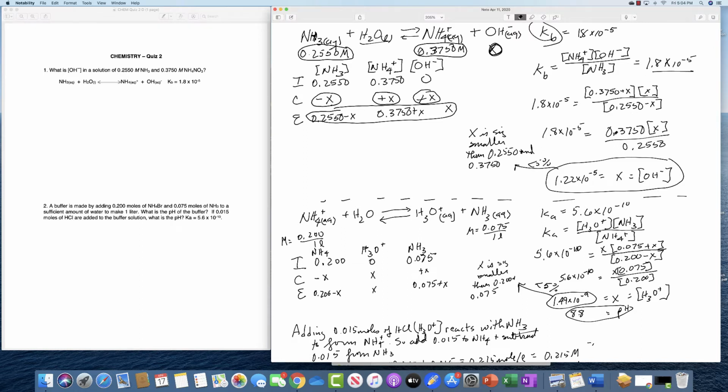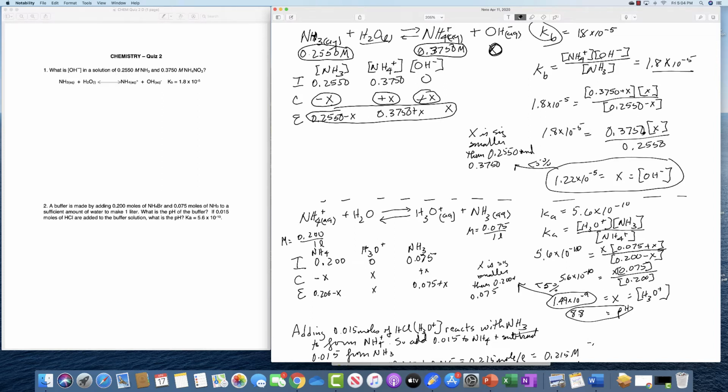At this point, you make the assumption that X is significantly smaller than the initial concentrations that you're given. Someone asked me, how do you know that's true? Well, you assume that it's true, and after you get the answer, you check it by showing that it's less than 5% of the initial concentrations.